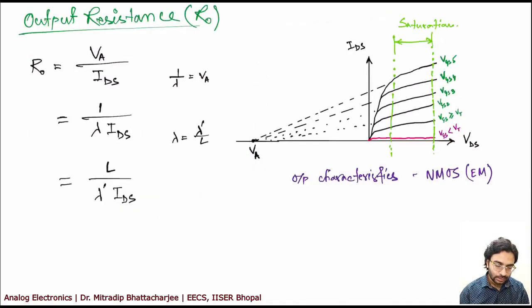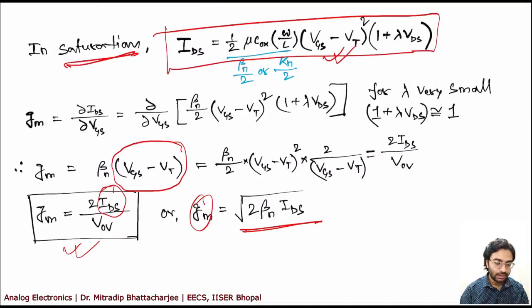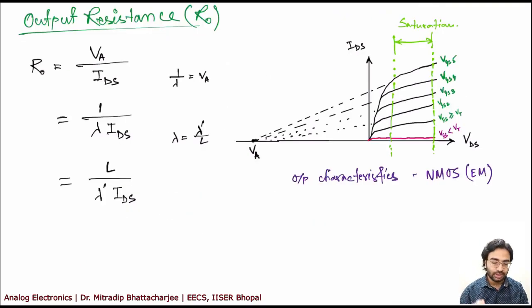And then I also have discussed the output resistance. Remember, in case of current calculation, we say lambda is very small and we neglect this term as if lambda is 0. But we cannot do this in case of output resistance calculation, because essentially lambda 0 in output resistance means your characteristics is totally flat or parallel to x-axis, which essentially says that your output resistance is infinite, which is physically not possible.